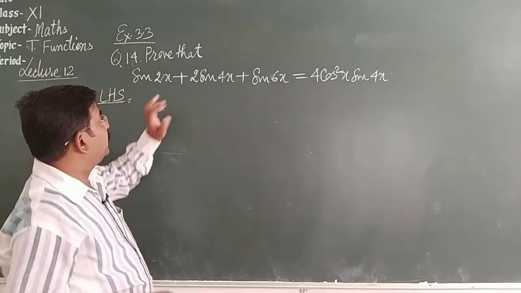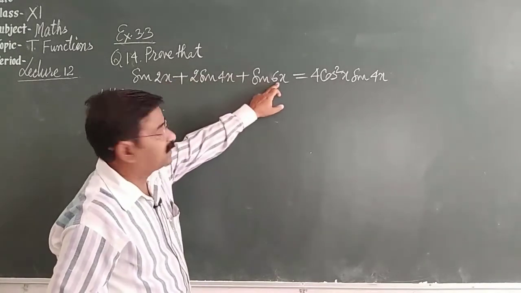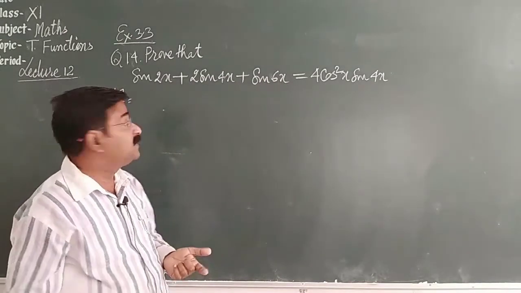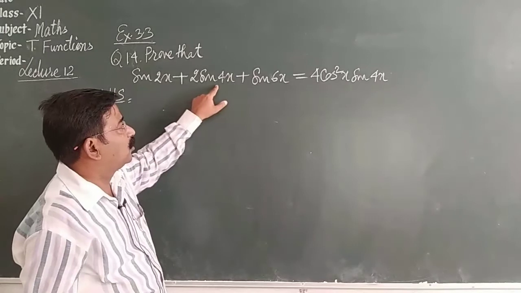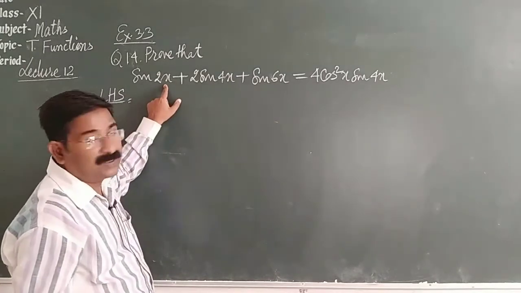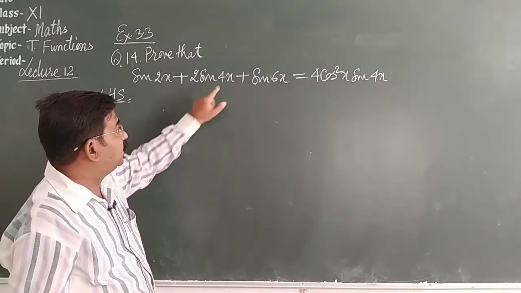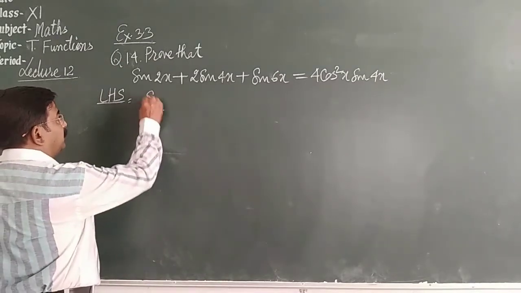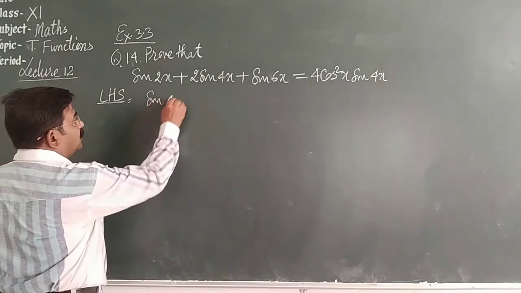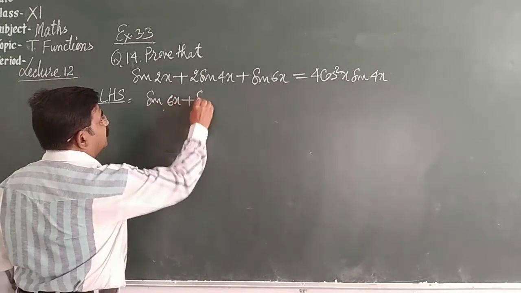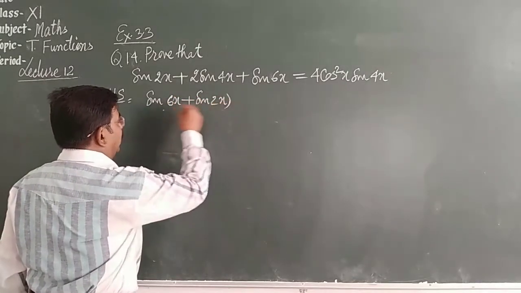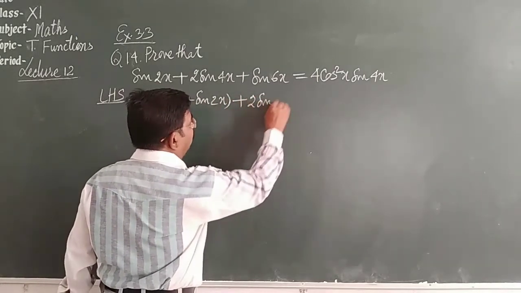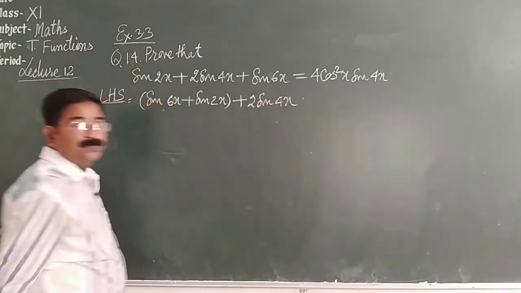Or take 2x plus 6x, means add two angles and make its half and see whether it is equal to this angle or not. Like 6x plus 2x, 8x and a half is 4x, means we are getting 4x. The best way, we can take sin 6x plus sin 2x together and leave this plus 2 sin 4x alone.